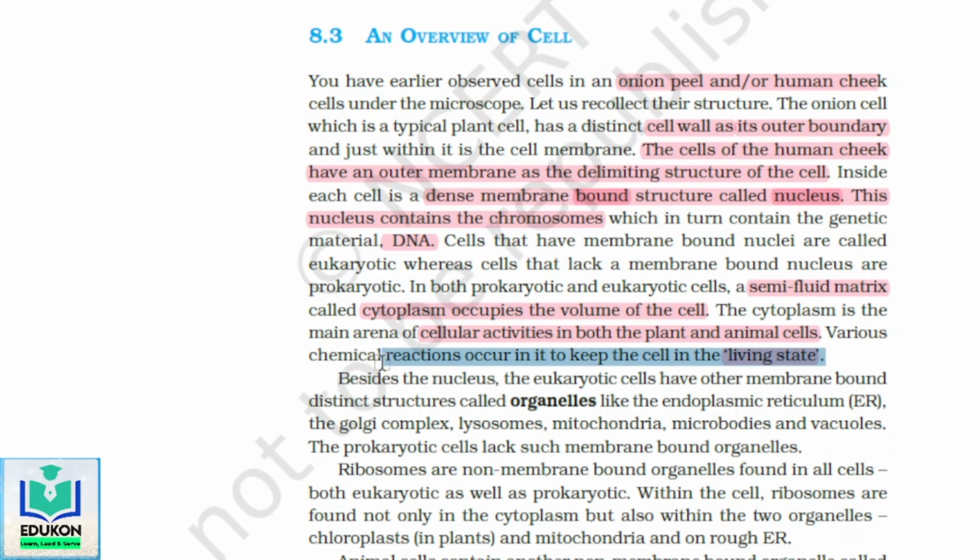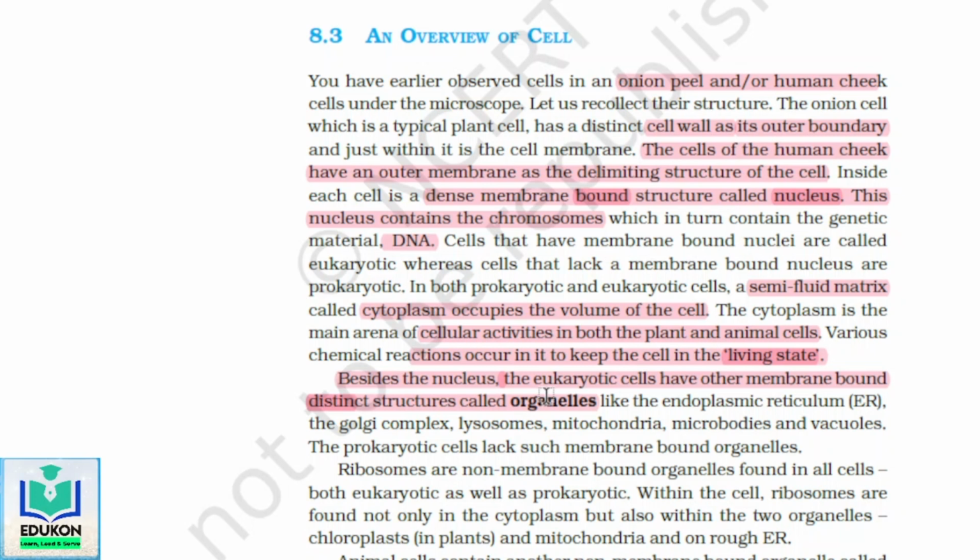Besides the nucleus, eukaryotic cells have other membrane-bound distinct structures called organelles. Eukaryotic cells are those which have a membrane around the nucleus.